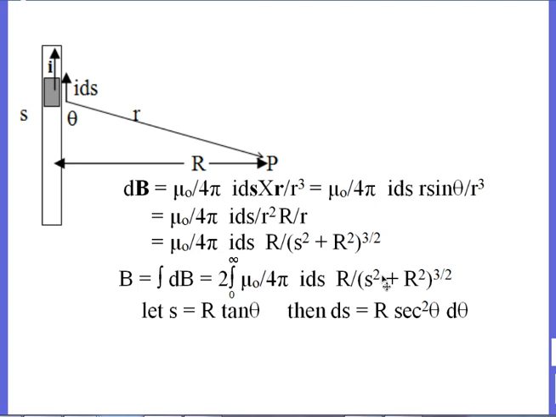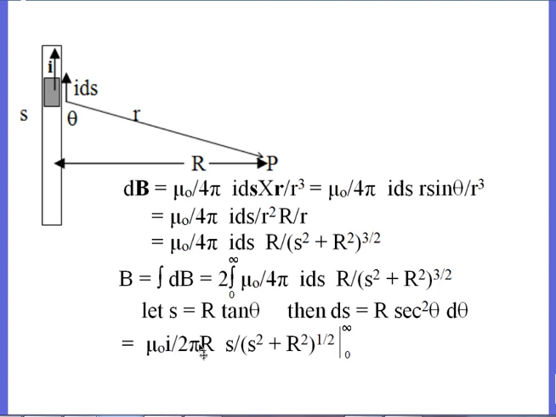I'm going to put that in for s right there. We're going to have a nice trig identity. But this r here, r times ds, I need to pull this r outside the integral. And then I will replace ds. So I'm going to have a 2 and a mu naught over 4 pi times r and times I. All of those will be pulled outside the integral.